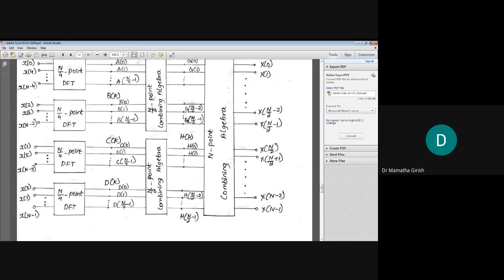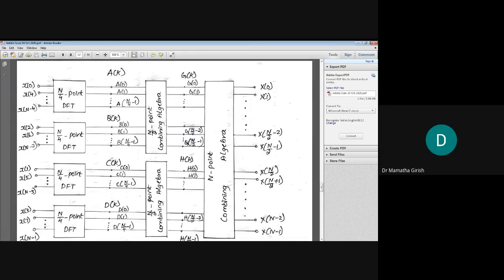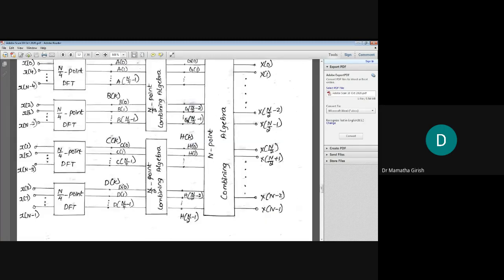The given N point DFT has to be split into what? 2 N by 2 point DFTs. The next stage, each of these N by 2 point DFTs has to be split into what? 2 N by 4 point DFTs. Again, this N by 2 point DFT is split up into 2 N by 4 point DFTs.